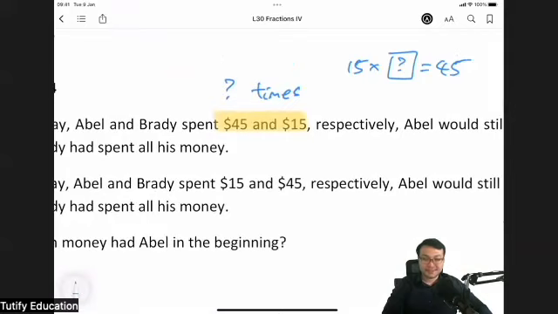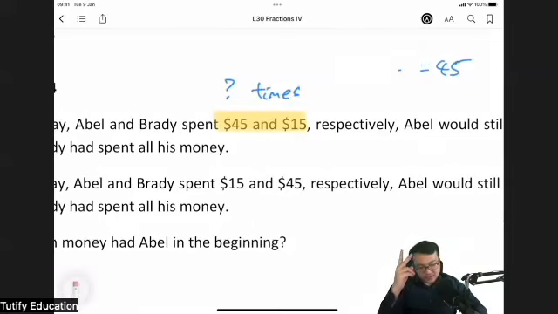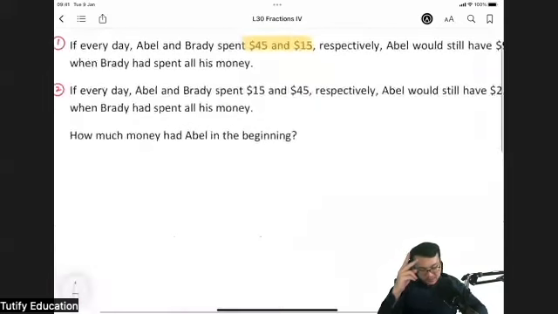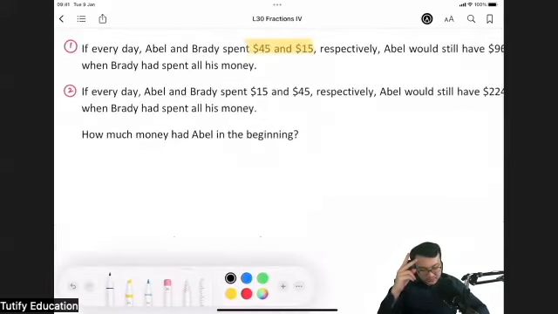Azim? 15 times what is 45? 15 times 2 is 30, right? So 15 times what is 45? Three. Yes, correct. So he's actually spending 3 times more than the other guy, okay? The other guy is Brady.